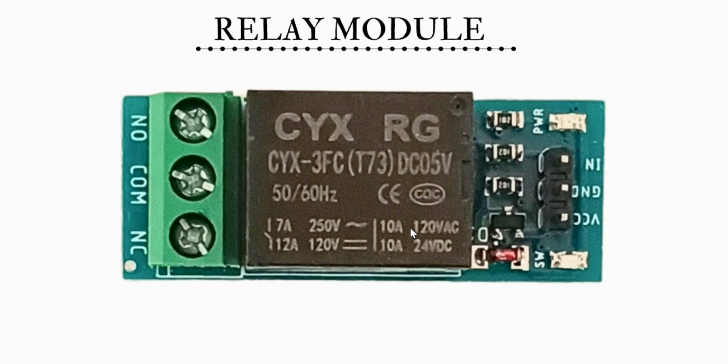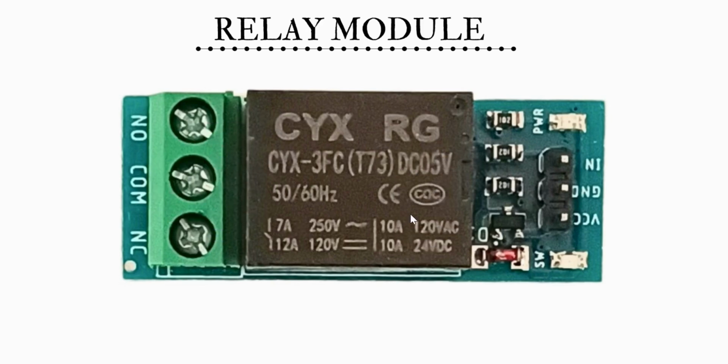The signals which you send from Arduino or any other microcontroller which you are using will turn it on and turn it off accordingly. So now, why do we use a relay? Because Arduino will be working on very low current, that is 5 volts max.